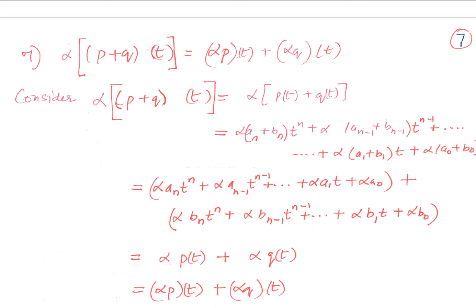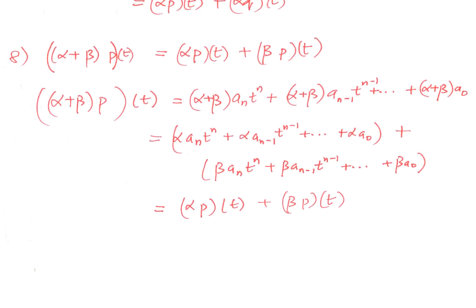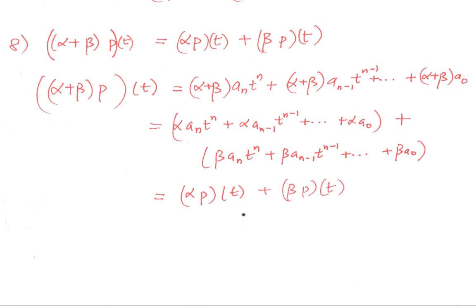Okay, another way to look at these distributive properties is that if I have 2 scalars, alpha and beta, and I multiply them to a polynomial p of t, it means you can write alpha times p of t plus beta times p of t. It's still the same.